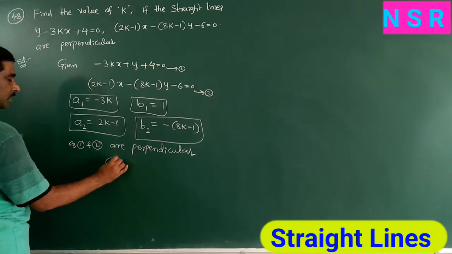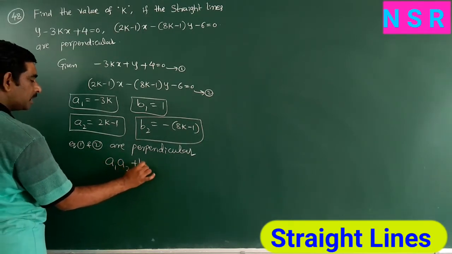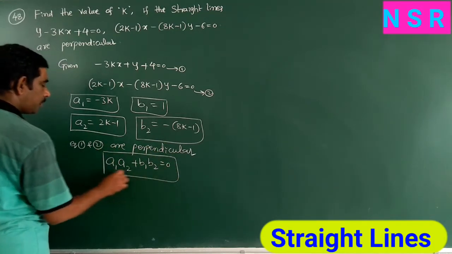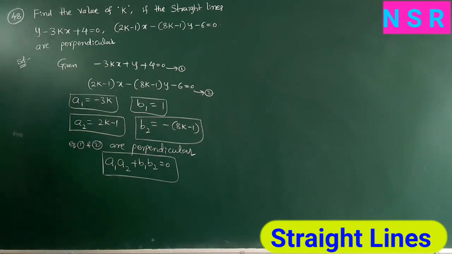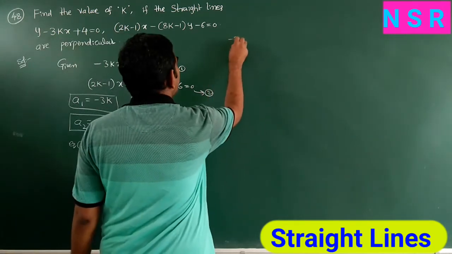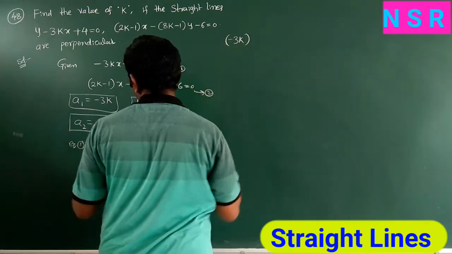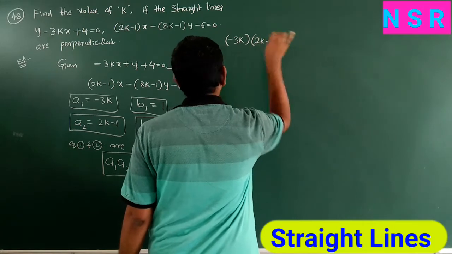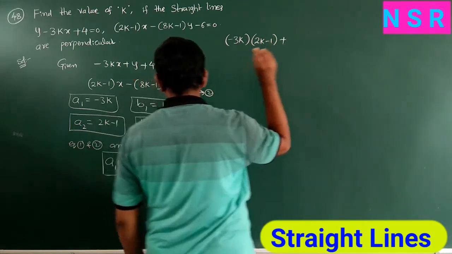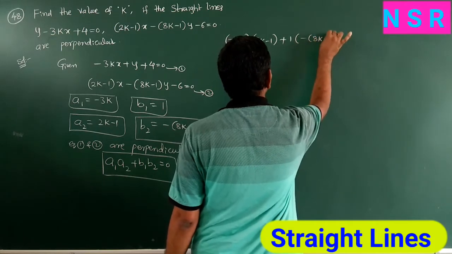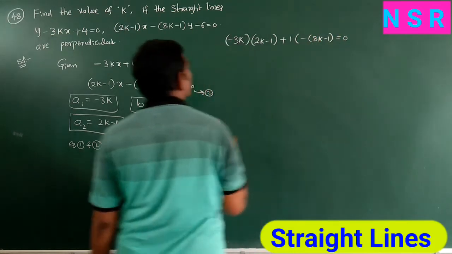We have a condition, that is a1 a2 plus b1 b2 equal to 0. If two lines are perpendicular, the condition is a1 a2 plus b1 b2 equal to 0. Now substitute the values. So here the a1 value is minus 3k, a1 into a2 plus b1 into b2, 1 into minus of 8k minus 1 equal to 0.